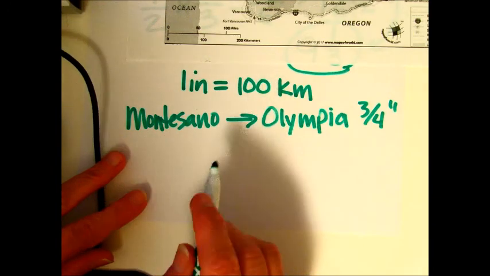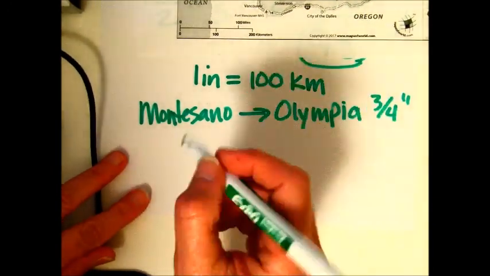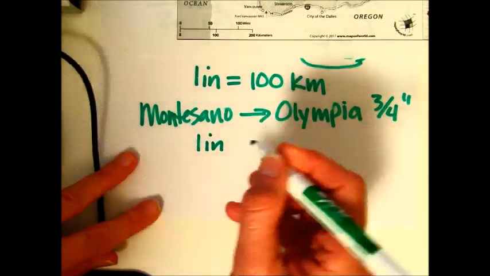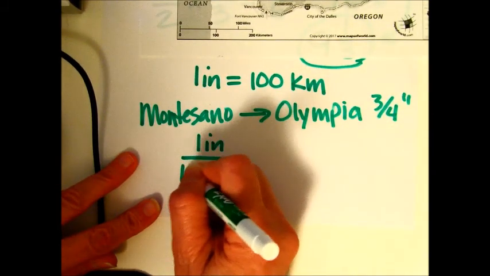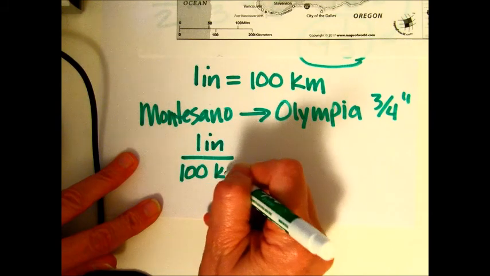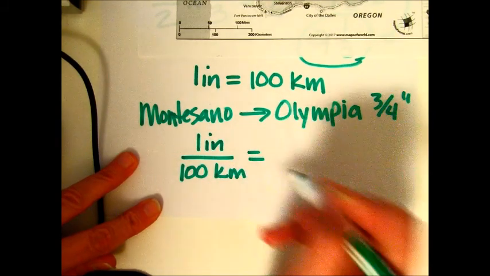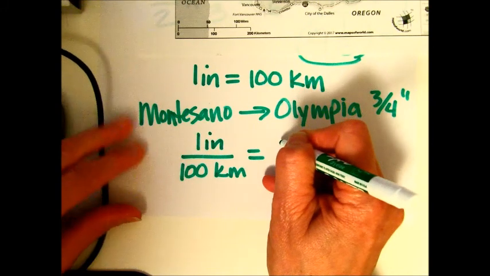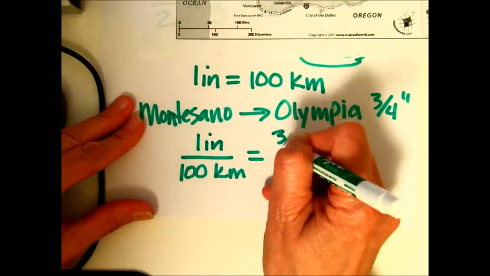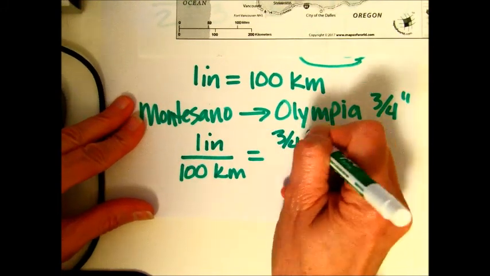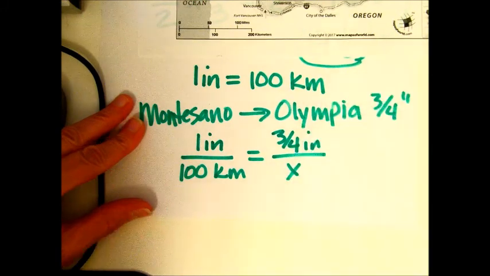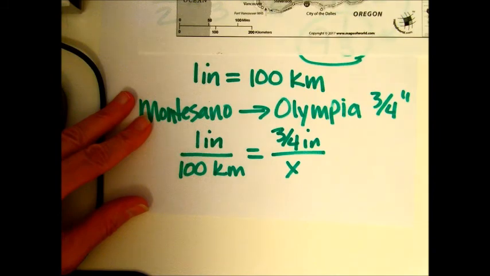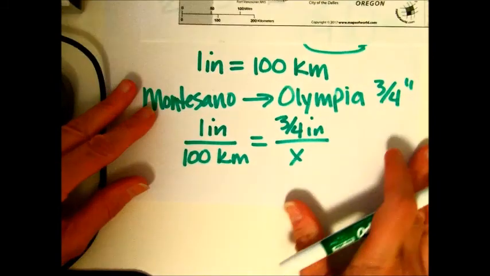But let's go ahead and set it up. We know that 1 inch equals 100 kilometers, and we measured 3/4 of an inch, and we want to know what the x value is, how many kilometers that is. We're going to cross multiply.